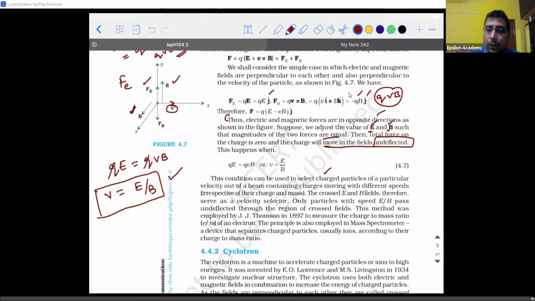Cross means perpendicular. Crossed electric and magnetic fields therefore serve as a velocity selector. So only those particles which have the speed equal to E by B pass undeflected through the region of crossed fields. So this was a method employed by Thomson.